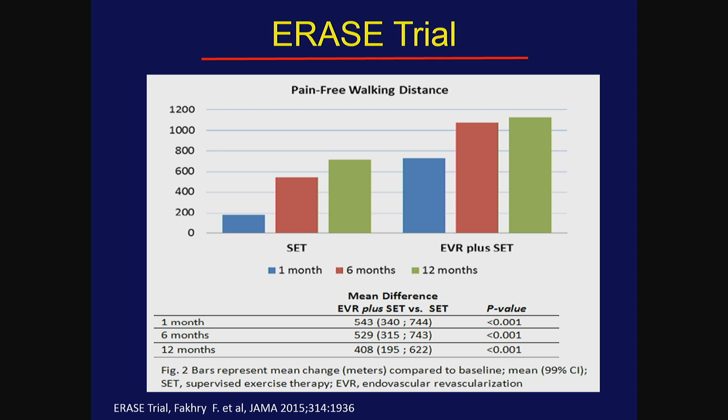The ARRACE trial looked at it from a different angle and combined supervised exercise therapy with revascularization and compared it to supervised exercise therapy alone, following the logic that combining both revascularization and exercise therapy, in addition to medical therapy, of course, has to be beneficial and superior to any of these therapies alone. And indeed, in the course of 12 months follow-up, it was clear that a combination of both approaches was superior in terms of increasing pain-free walking distance compared to exercise alone.